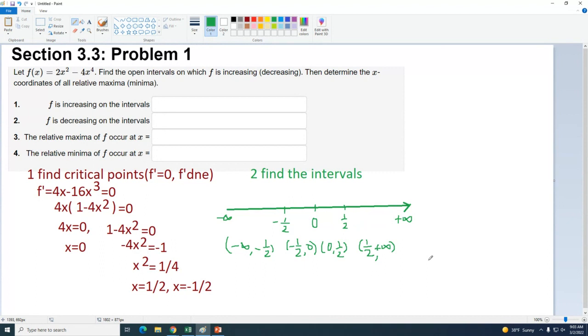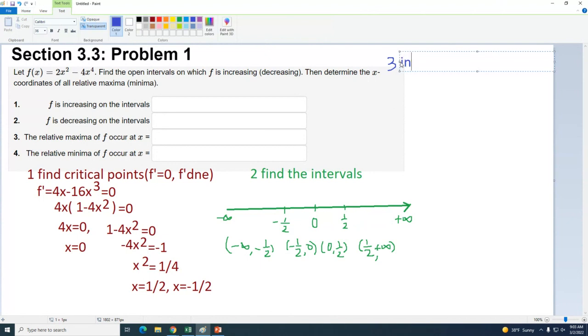And then on each interval, we need to know increasing or decreasing. So step 3, the last step, is to figure out increasing or decreasing. This is determined by the derivative, positive or negative.